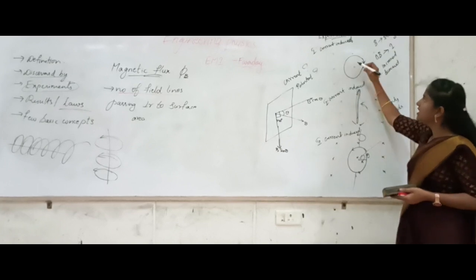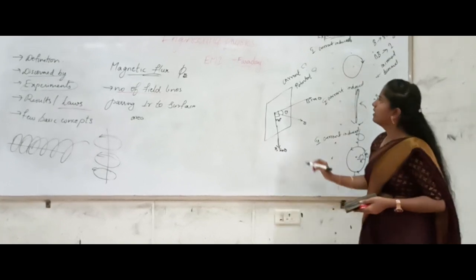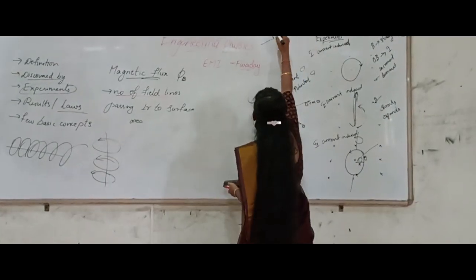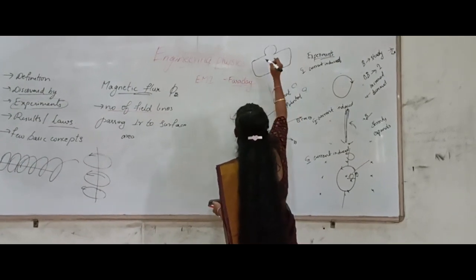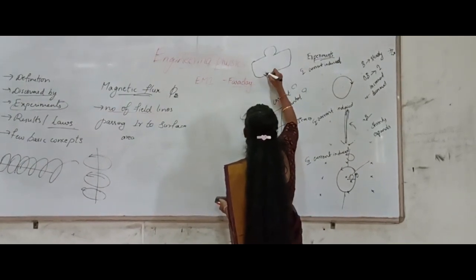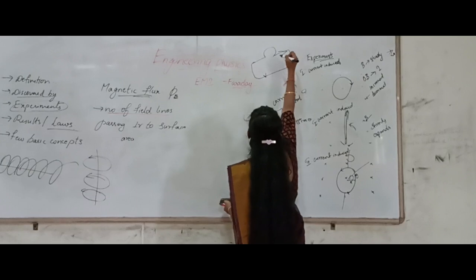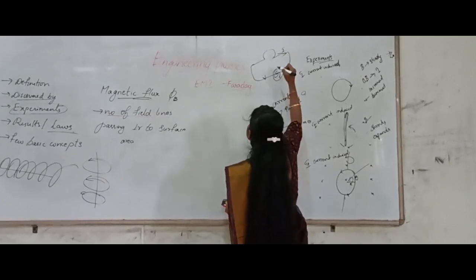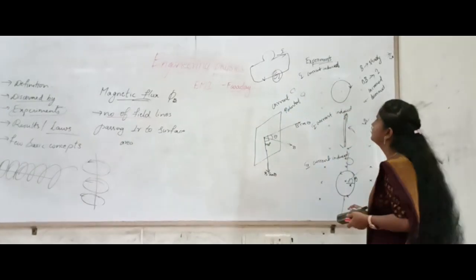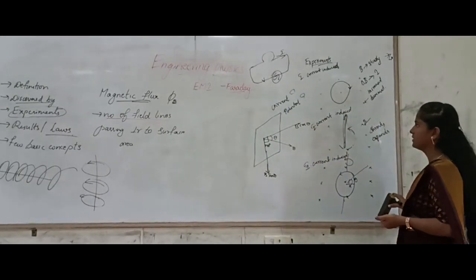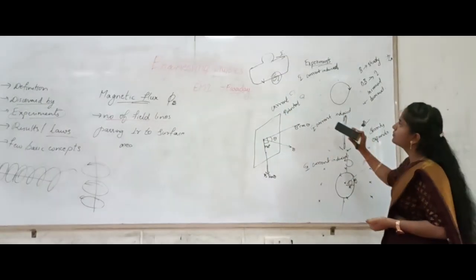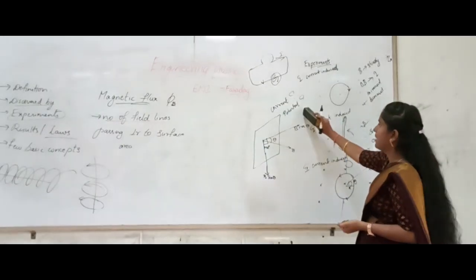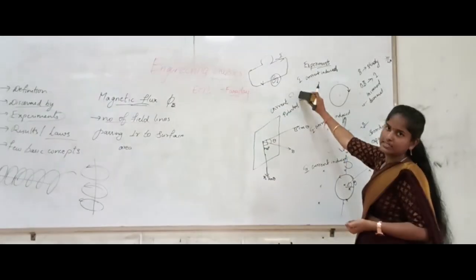Then why are we seeing current? If it's a closed circuit and there is potential, then current gets induced and it can be measured with some galvanometer. So based on these experiments, we can say that electromotive force gets induced and because of that current will be seen.